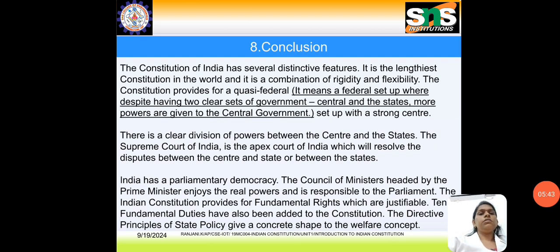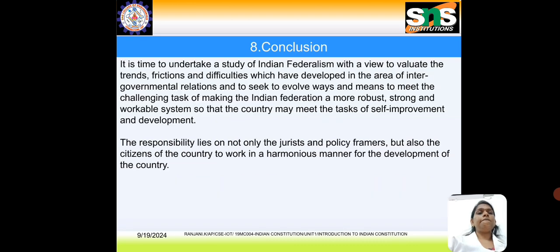India has a parliamentary democracy. It has a council of ministers, and the prime minister enjoys real powers and responsibility of parliament. The responsibility lies not only with the judiciary or policy makers but also with the citizens of the country to work in a harmonious manner for the development of the country.